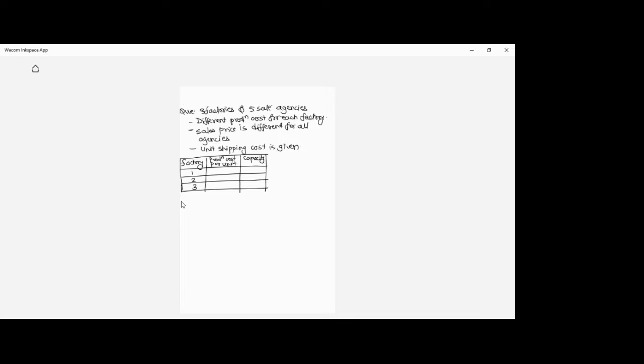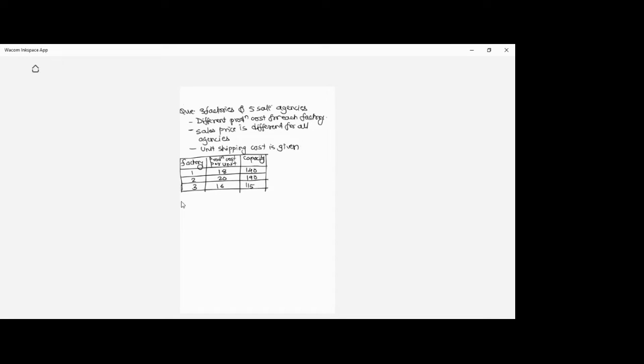There are 3 factories. The production cost per unit is 18, 20, and 16. The capacity of factory 1 is 140 units, 190 units for factory 2, and 115 for factory 3.